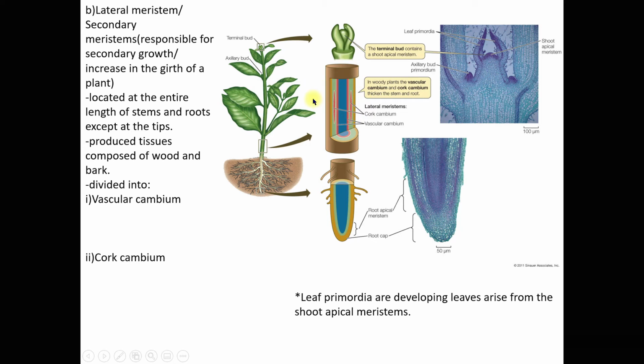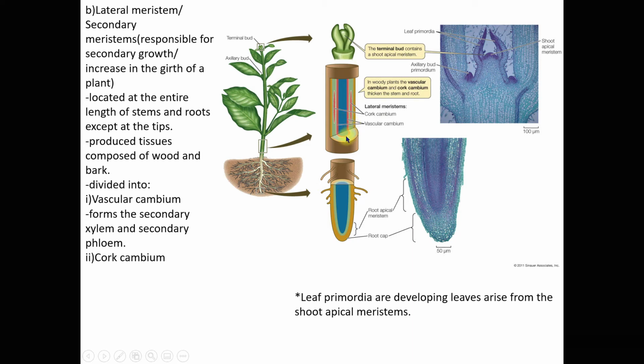Now, to explain about this wood and bark, we further dig into this lateral meristem, which is further divided into vascular cambium and cork cambium. Now, vascular cambium forms the secondary xylem and secondary phloem. You can see this vascular cambium here.